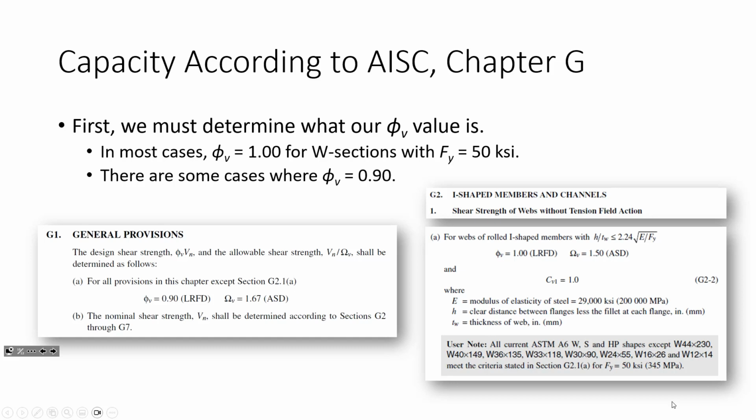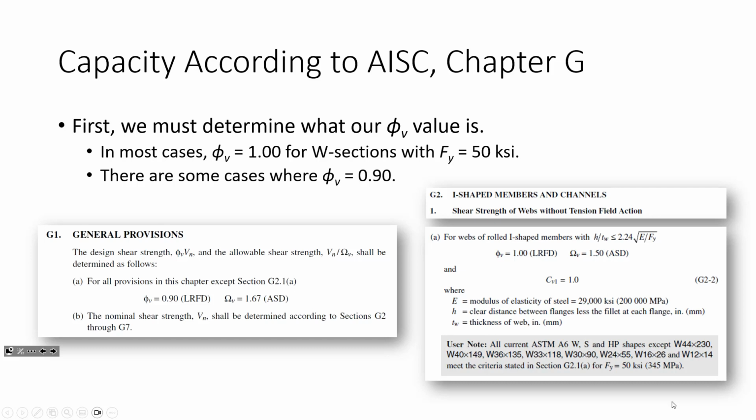Okay, so the first thing we have to do is determine what our phi value is. For most cases with a 50 KSI section, phi is 1. There are only a few cases where phi equals 0.9, and phi equals 0.9 whenever our slenderness violates this limit right here.